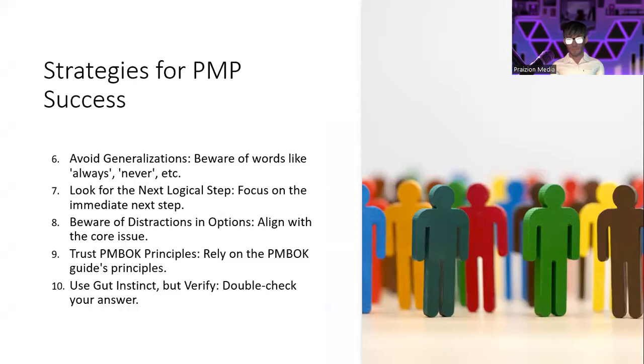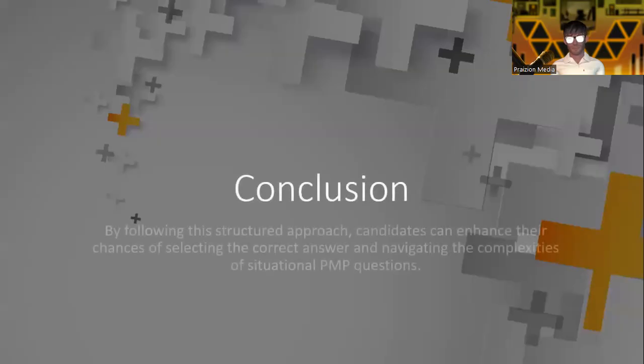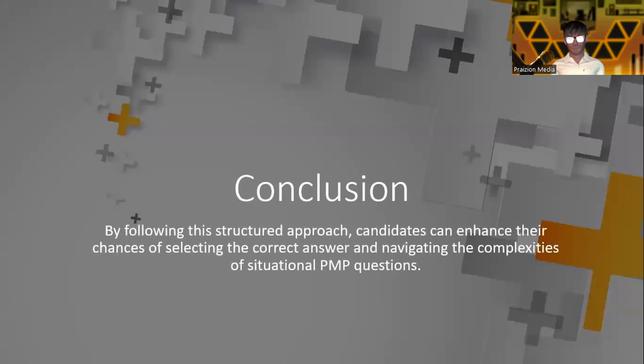Also, the generalizations like always, never, and so on. Look for the next logical step and beware of distractions. You're going to get a bunch of distractions in many of these questions. Trust the PMBOK guide principles from PMBOK 7, know them well, and also use your gut instinct. By following this approach, my friends, you will enhance possibility of success.